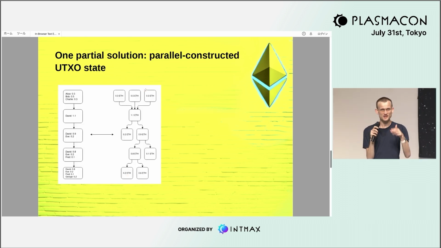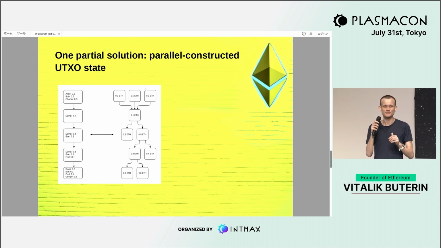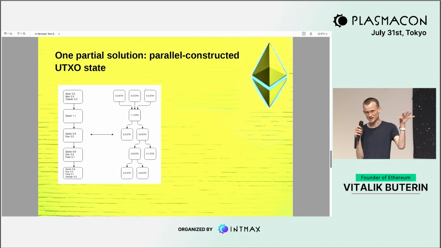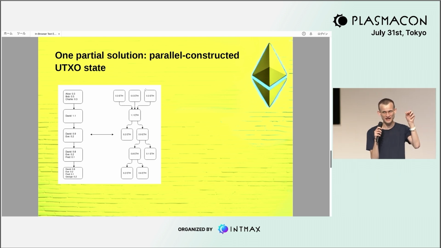One solution that I suggested in the post that I made last year is to basically create a parallel state tree using UTXOs. So the way that this works is that you have a tree that is just a state tree, basically accounts, account balances, account storage, exactly the same way that it works today.